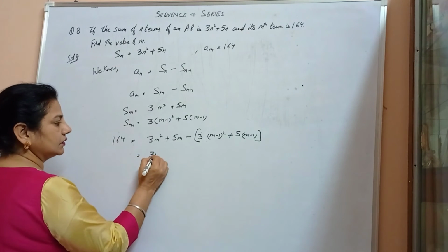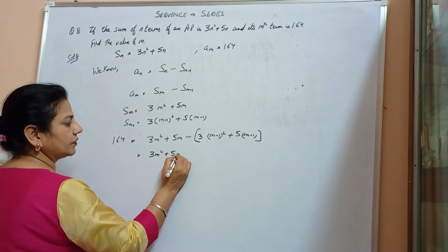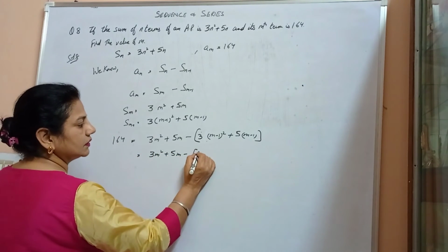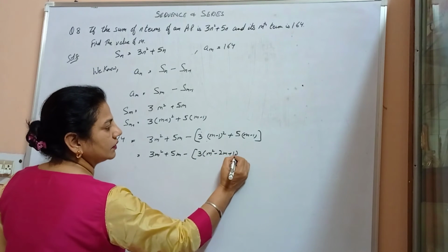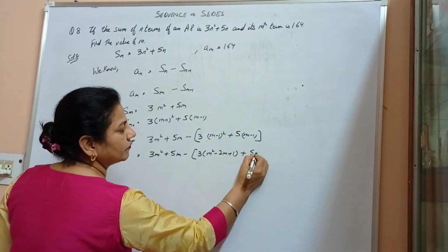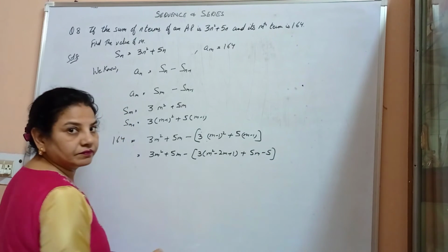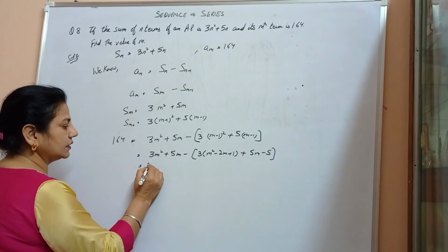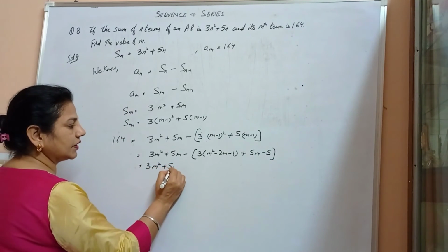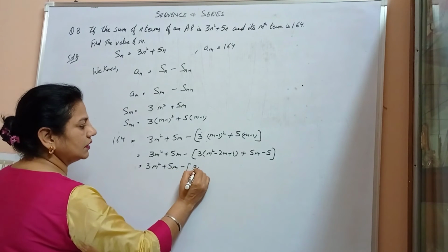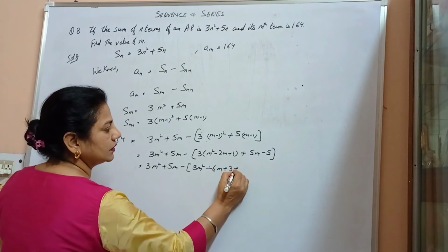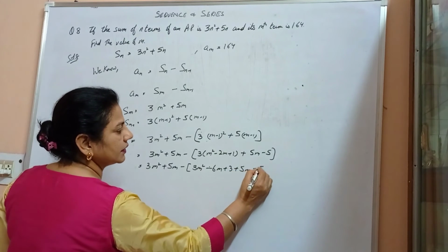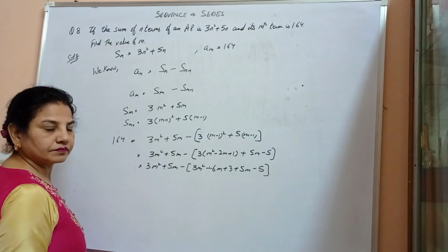On solving, 3m square plus 5m minus 3m square minus 6m plus 3 minus 5m plus 5.